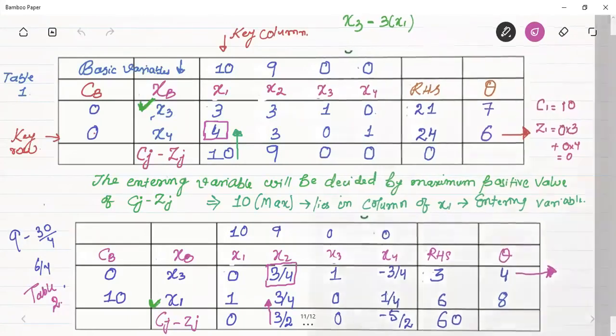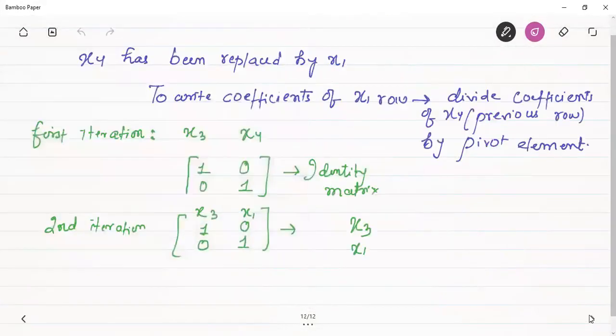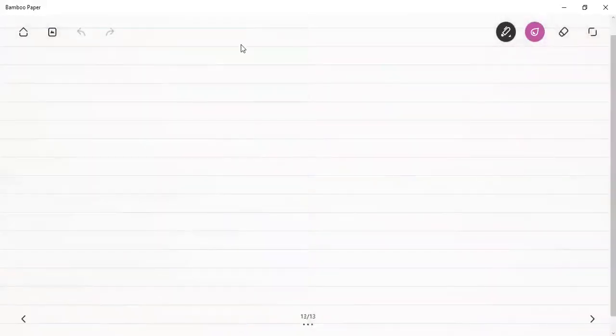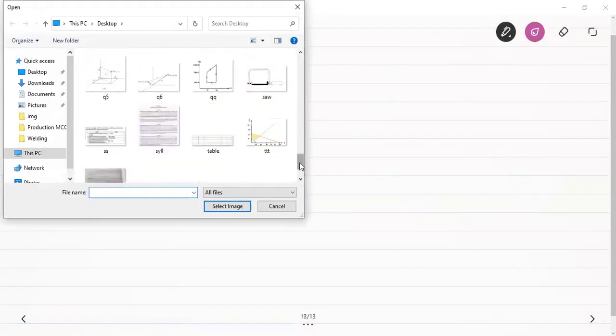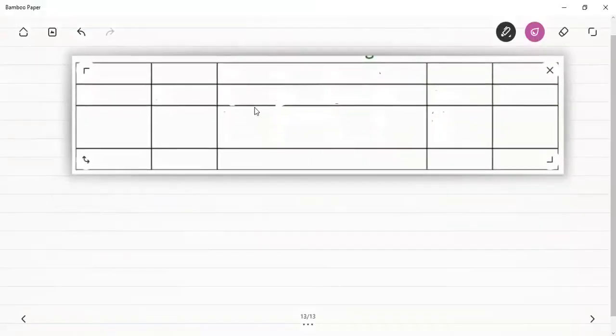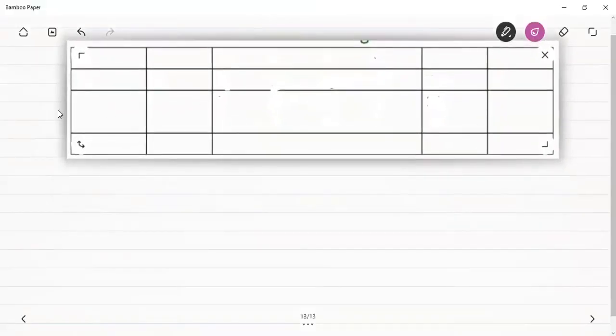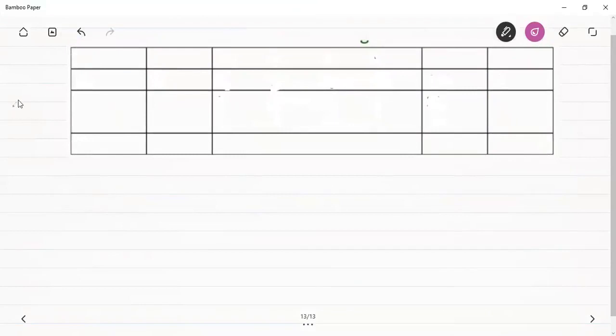Now we need to go to the third table. So what I will do is, first of all, I will write the second table again, because इसमें operations करने होते हैं. Therefore, it will be difficult for me to go to the previous slide.